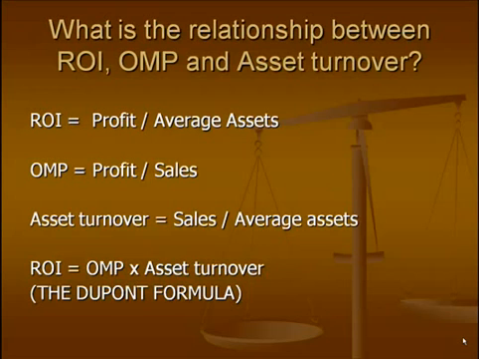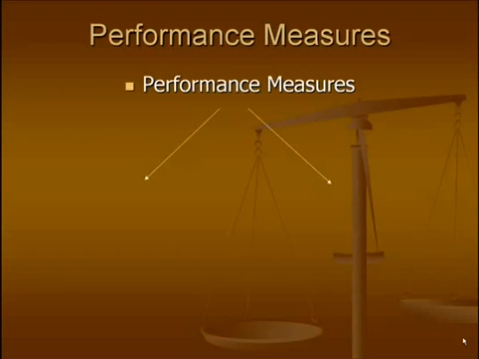It's called residual income. Okay, so let me recap. In the US, companies use two broad performance measures. One is called ROI. The other is a measure called residual income.